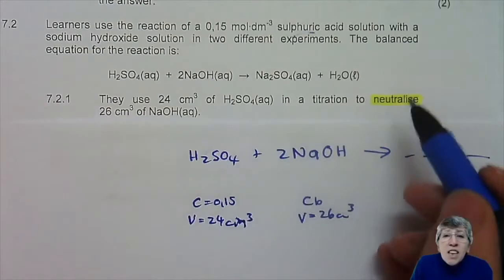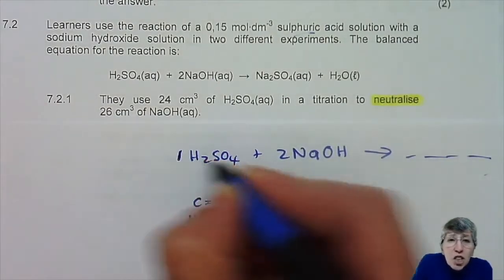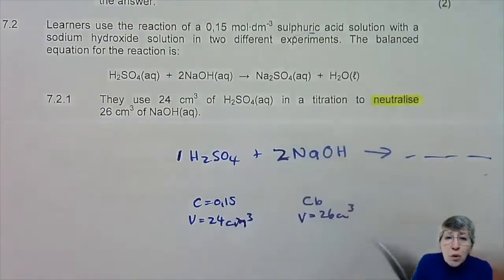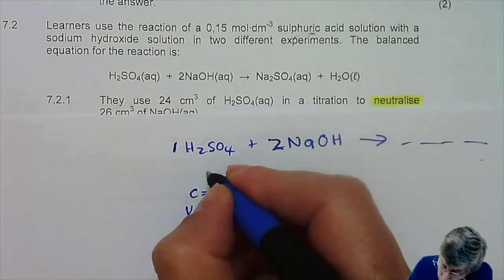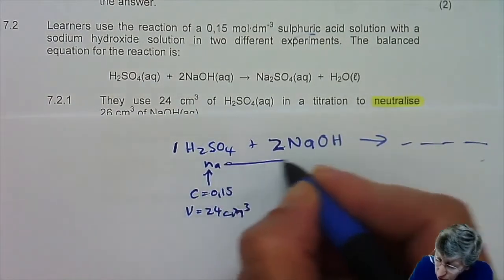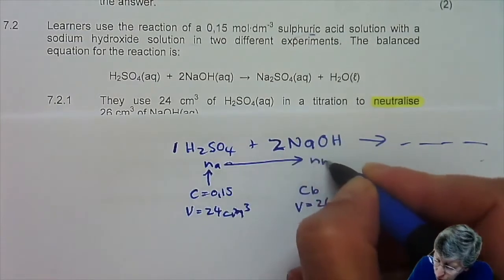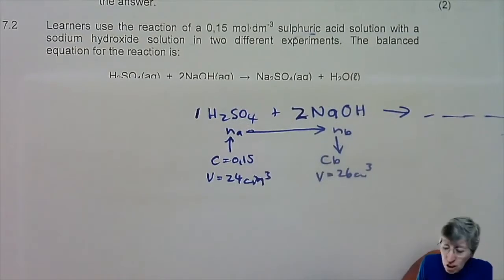Now, since they use the word neutralize, we know it is in the ratio 1 to 2. And now you can do one of two things. The first thing is you can do an old-fashioned working out the moles of that acid, using that to get the moles of the base, and then using that to get the concentration of the base.